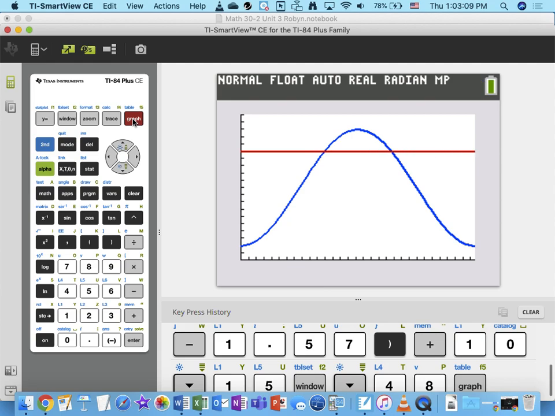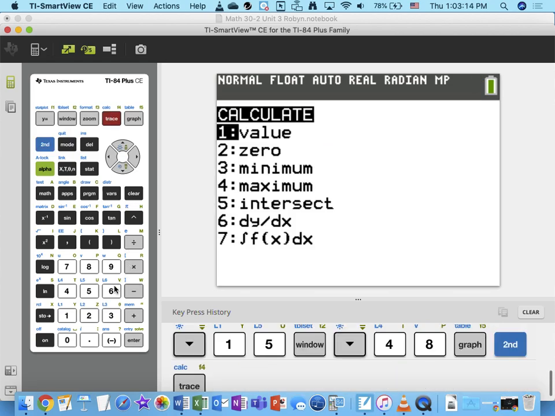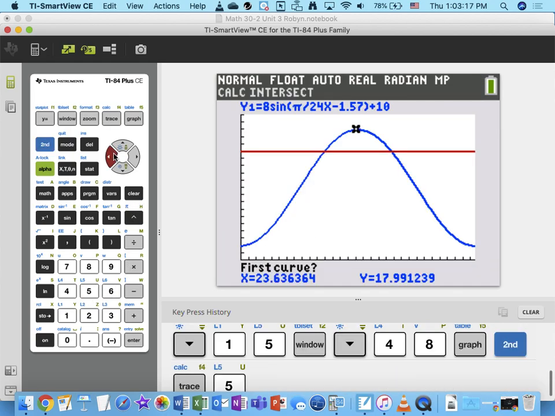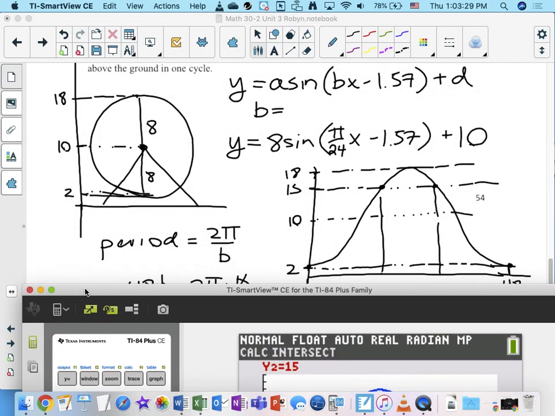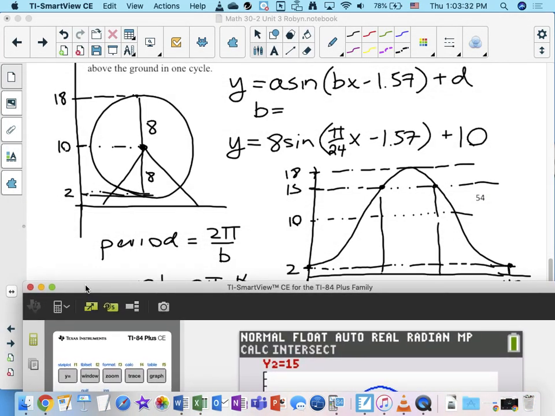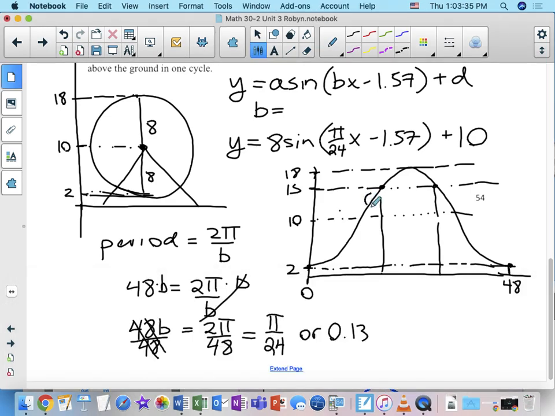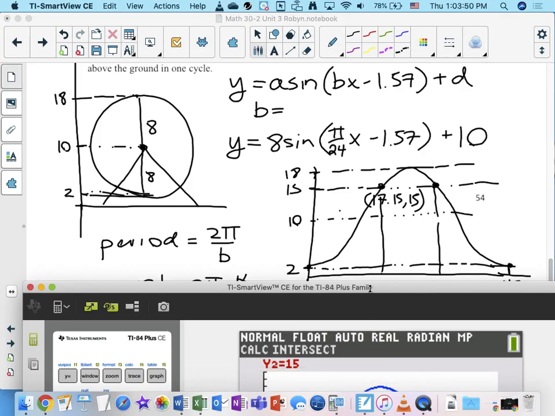There's one of them over here. That's 17.15. So what I'll do is I'll just put that in this picture over here. So this right here is 17.15, 15. That's this point. And then this point is, let's see, we'll do that again. And actually, if you have a Casio, you don't even have to plot the horizontal line.